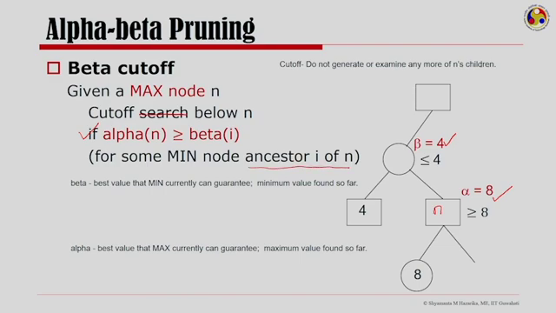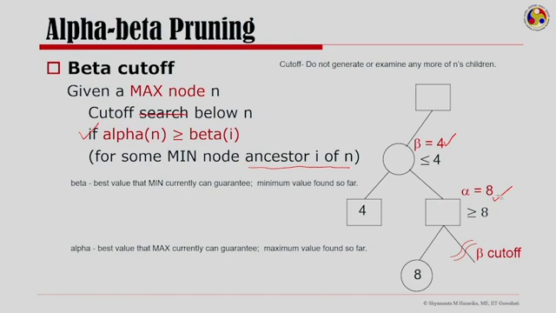So, the alpha of n, which is 8, is greater than or equal to the beta of I, which is 4. The condition is satisfied. That means we do not need to search anything beyond this line, and this is called a beta cutoff.